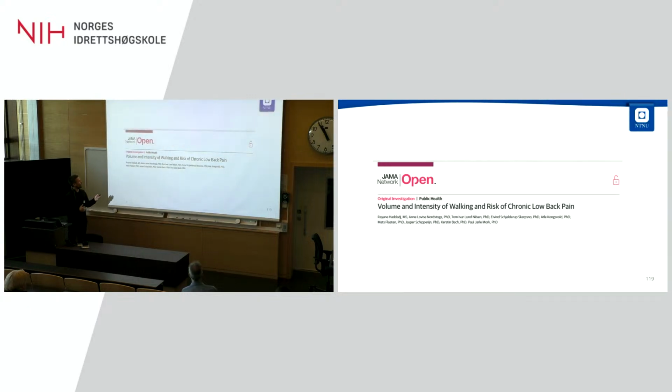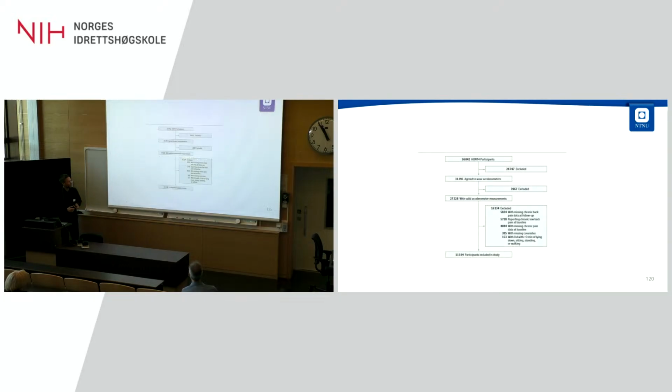And we have looked at the volume and intensity of walking and the risk of chronic low back pain. Here we have HUNT 4 as our baseline data with follow-up in HUNT COVID around 4 years later, where they answered a questionnaire about their low back pain. And that study is based on 11,000 participants.